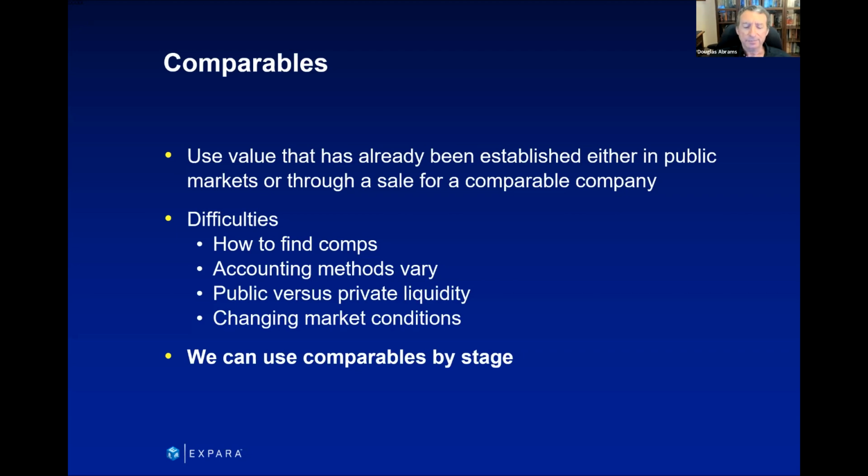The way that comparables valuation works is, assume that we have a company with a known valuation. More specifically, we have a basket of companies with known valuation, but let's talk about the simple case. We have a company with a known valuation.